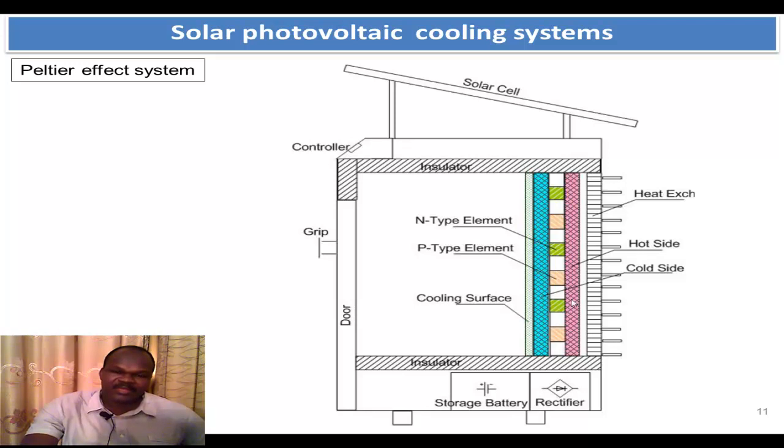And then the hot side, if it is an air conditioner, you put it outside, the hot unit. If it is a fridge, the cool side is the food compartment, and the other side is the condenser side.